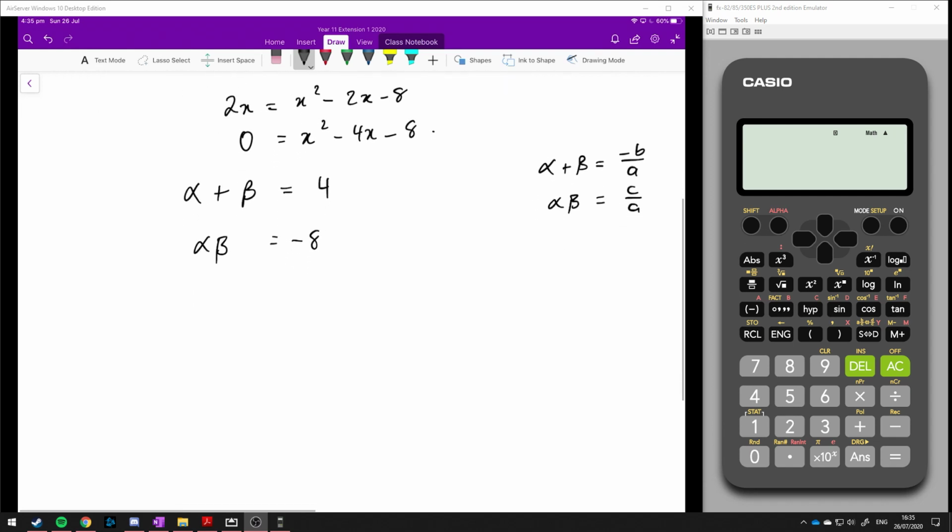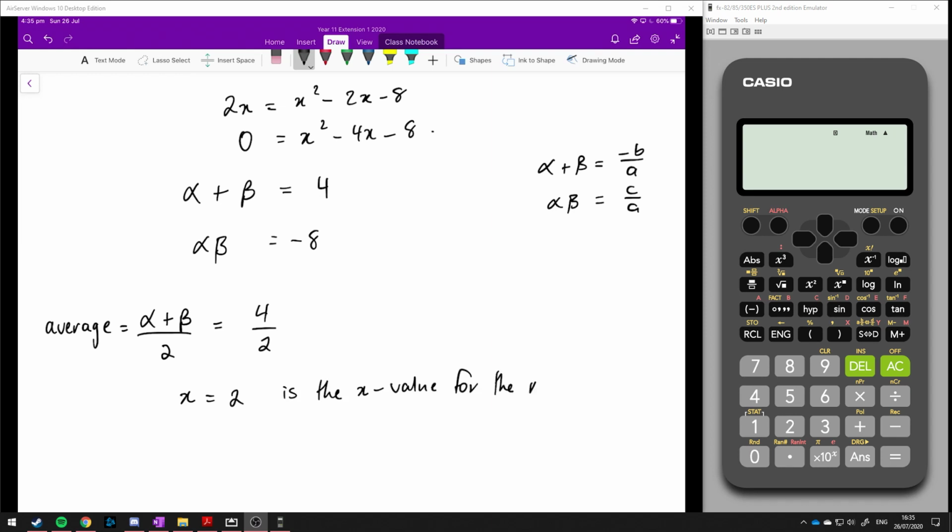Remembering that the average of the two roots is just alpha plus beta over 2, we can put in our value for the sum, which is 4, over 2. So x must be equal to 2. That's the x value for the midpoint. Now, to find the y value of the midpoint, we can substitute into either one of the two equations.